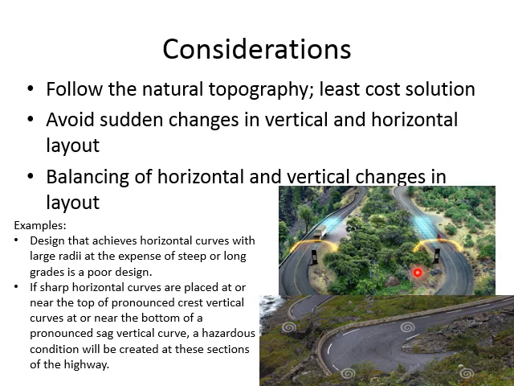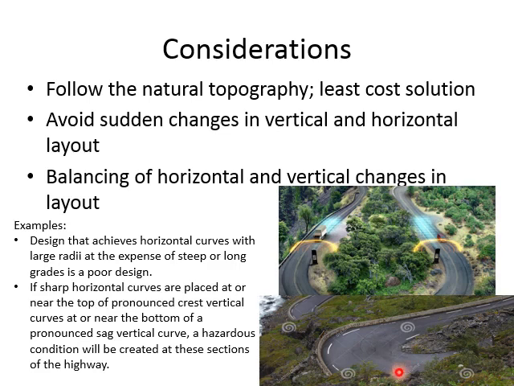Okay, so in this case you can see the radius of the curve is very large. At least the radius is very large, but you are doing it at the cost of providing a very steep gradient or change in gradient. But here you see the radius is very sharp. It's a very small curve, and then you are doing it at the top of a vertical curve as well.